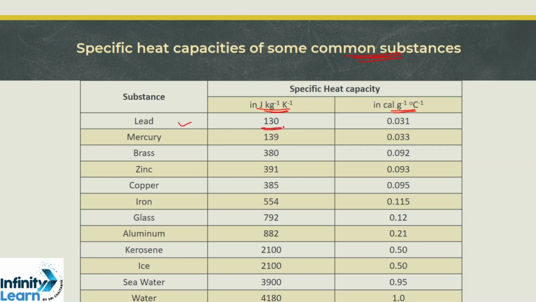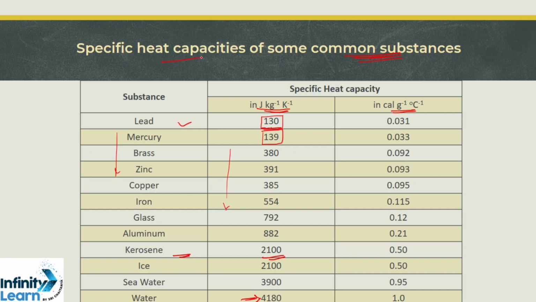They have specific heat capacity around 130 and 140, and as we go down, what we find is specific heat capacity is increasing, and we find that for kerosene and ice, the specific heat capacity increases to 2100. And finally for water and seawater, it is almost 4200.